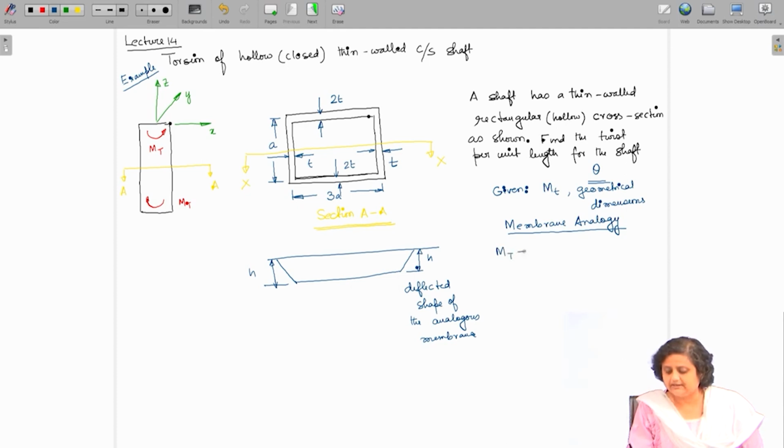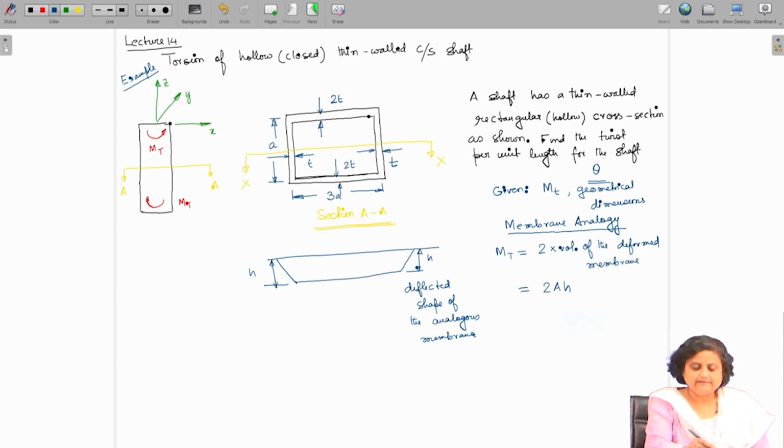So MT is going to be 2 into A into H, where A is the mean area enclosed by the cross section.